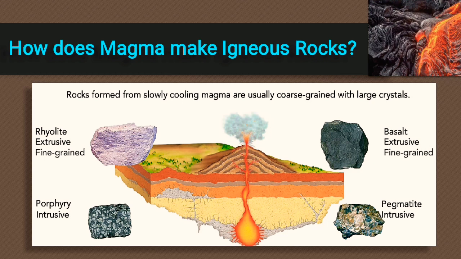The rate at which the magma cools determines the kind of igneous rocks that are formed. Based on the illustration, some of the intrusive rocks are porphyry and pegmatite, and some of the extrusive rocks are rhyolite and basalt.